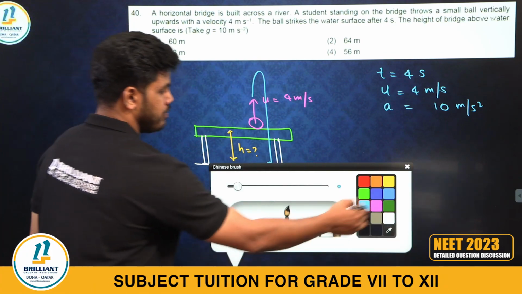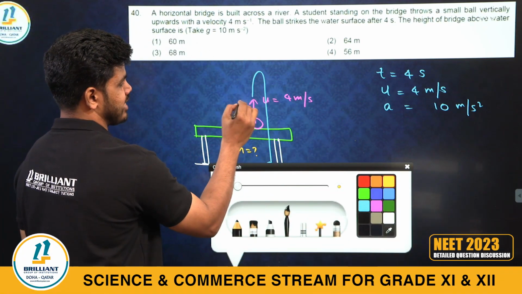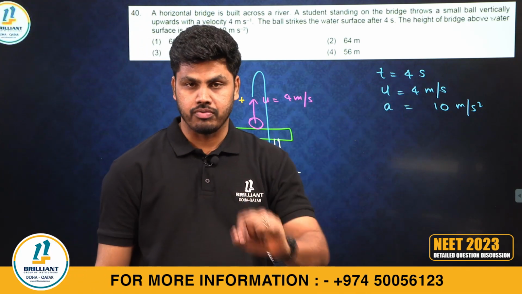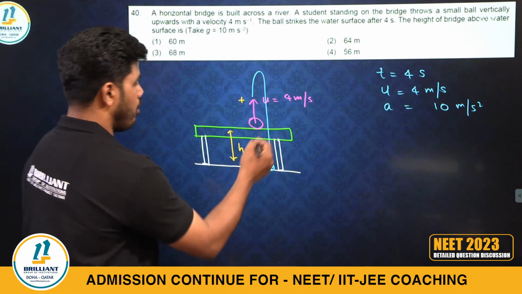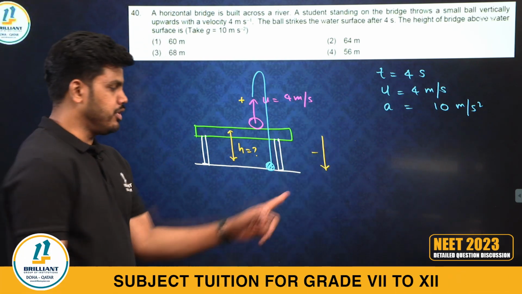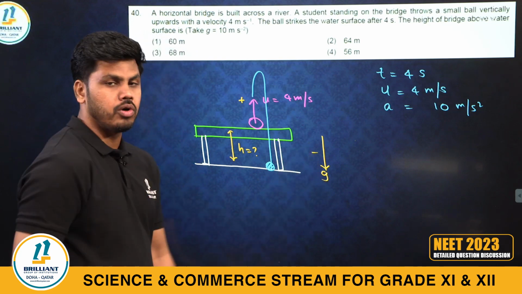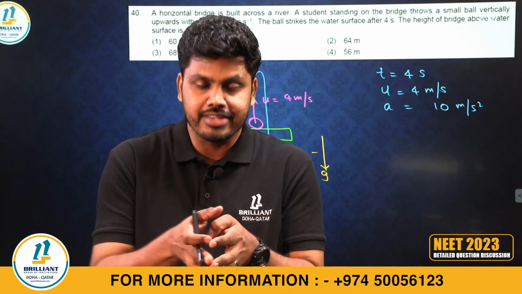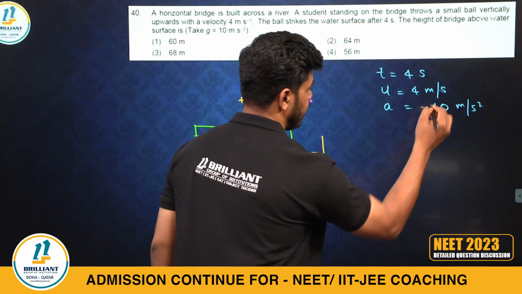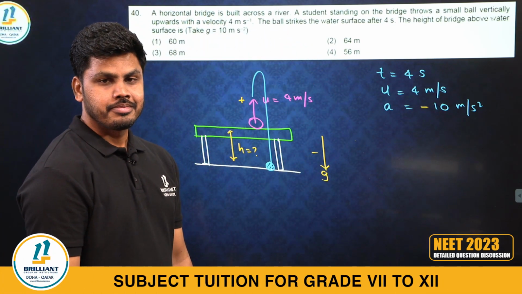If you take upward direction as positive, if you take initial velocity 4 meters per second as positive, all opposite direction should be taken as negative. We know the direction of g is vertically downward, so your acceleration value should be negative. So a should be minus 10 meter per second square.